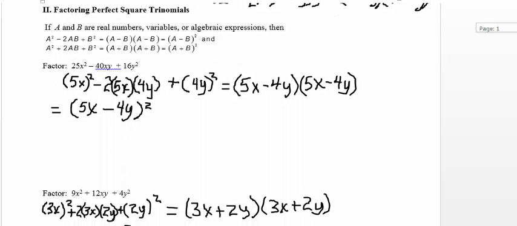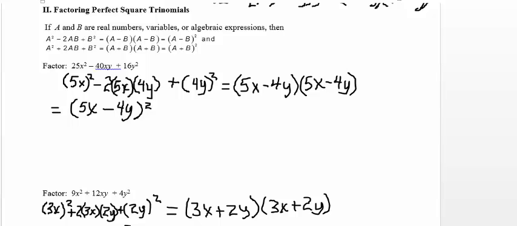Once I factor out any GCF, and if I have 2 terms, perhaps what I have is a difference of squares, or perhaps it's a sum or difference of cubes.